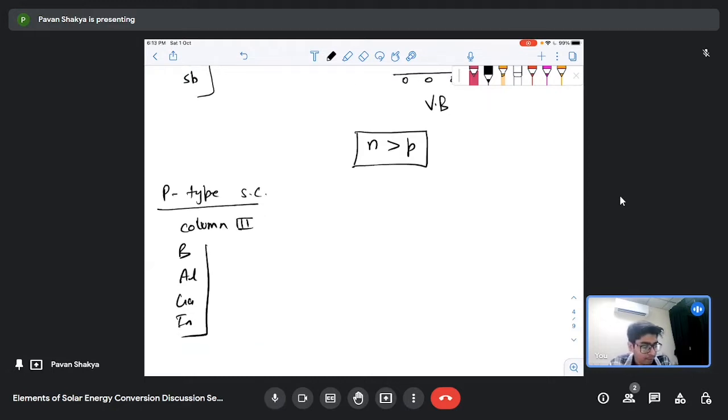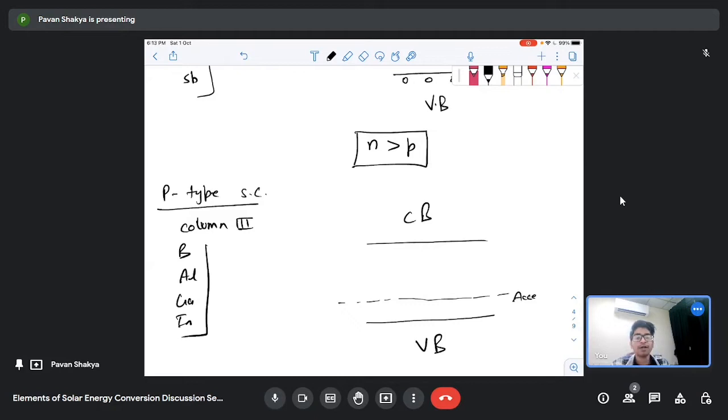What will happen with the band? Suppose this one was the valence band and this one the conduction band, then the Fermi level will shift towards the valence band because of the increased number of holes.